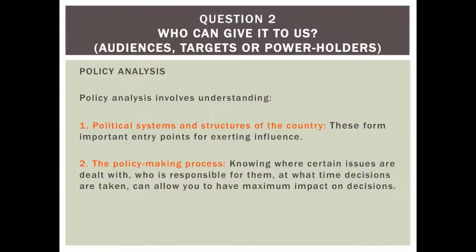Now let's move on to policy analysis. After we have determined our target audiences and potential partners, the next stage requires us to undertake a policy analysis. Policy analysis involves understanding political systems and structures of the country, which form an important entry point for exerting influence.